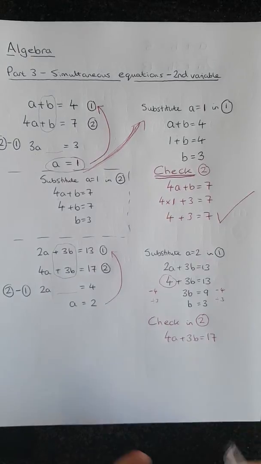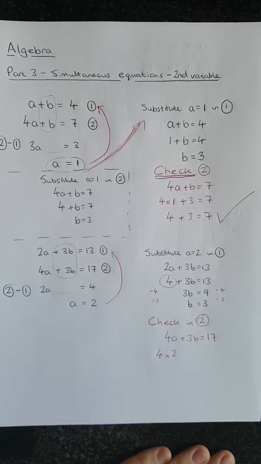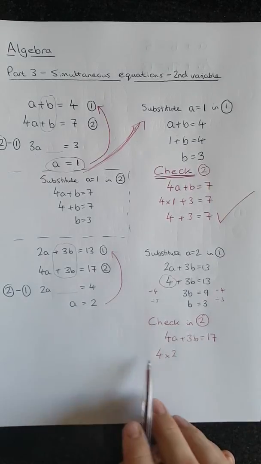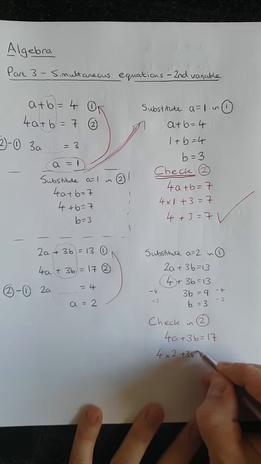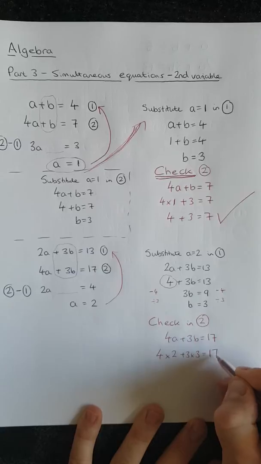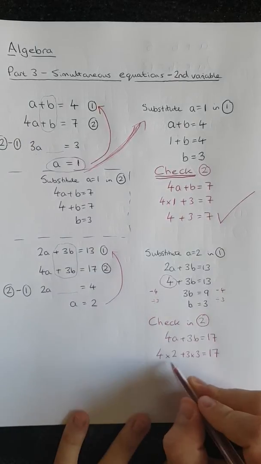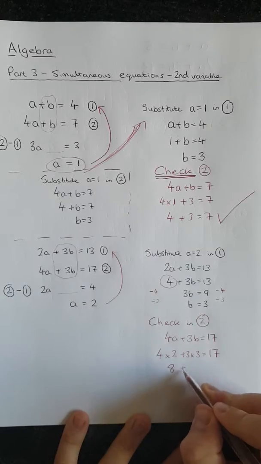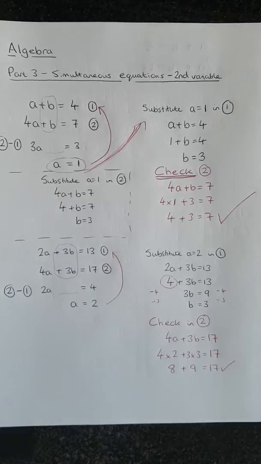Okay, so a was 2, so that's 4 times 2. B is 3, so that's 3 times 3. And it's supposed to be 17. So 4 times 2 is 8, plus 3 times 3, which is 9, and it works. More marks in the bag.